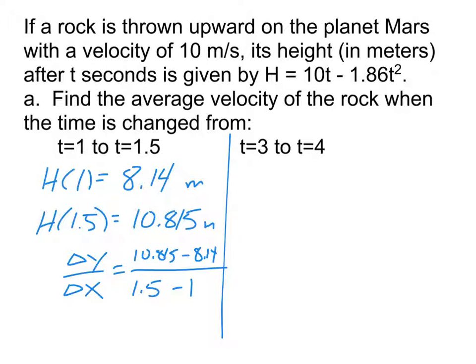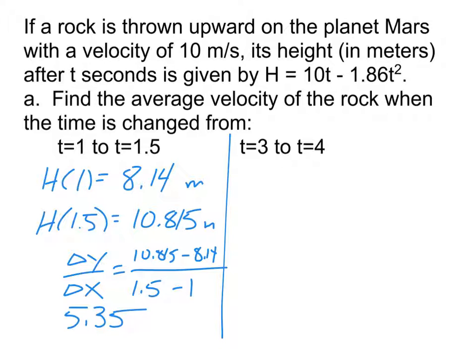You could do it in the other order, but both numbers would be in the other order, of course. Do that calculation, that will tell us our slope. And when you do that, you should be getting an answer here of 5.35 for our slope. Slope between those 2 points represents average velocity.